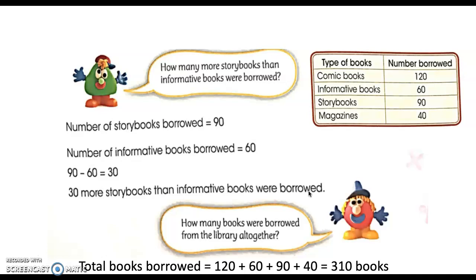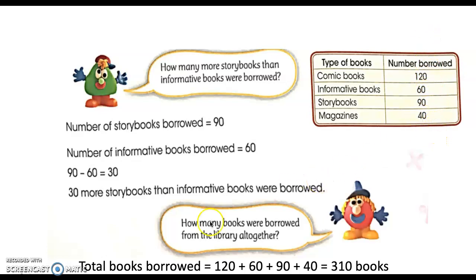Now look at this one. How many books were borrowed from the library altogether? That means altogether how many are borrowed? The total number of books borrowed. For that you have to add the borrowed column. The numbers of books borrowed are listed here, so you have to add the whole column.